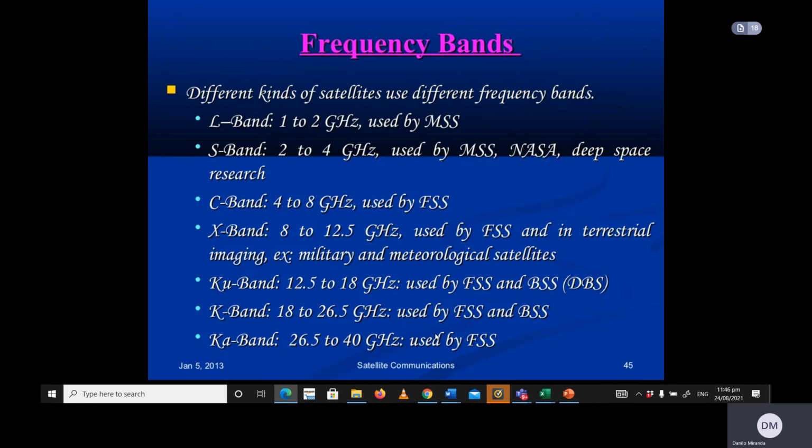Pero anong gamit nun? Ibig sabihin, pag MSS ka lang, pag bumagyo, wala ka nang link. Putol ka agad, iikot ka pa sa Atlantic, sa ibang satellite para makakonekta.